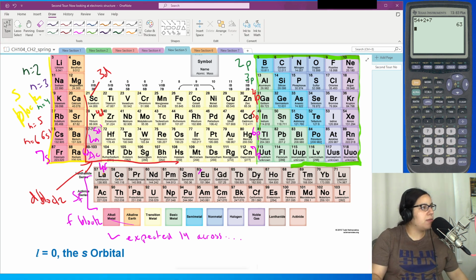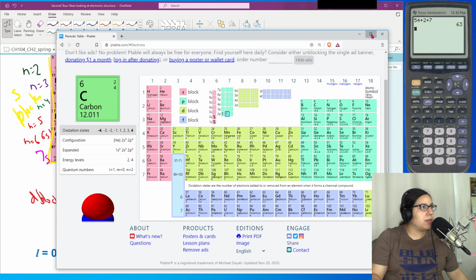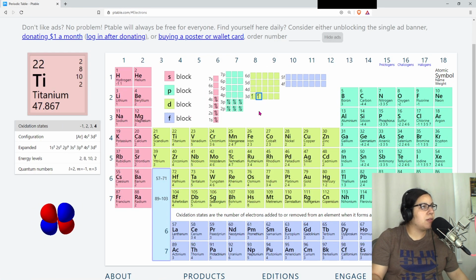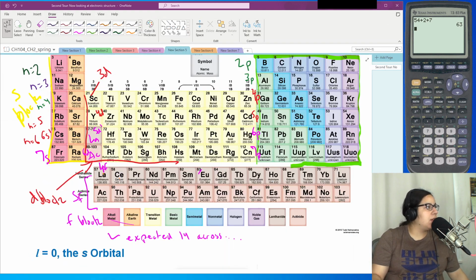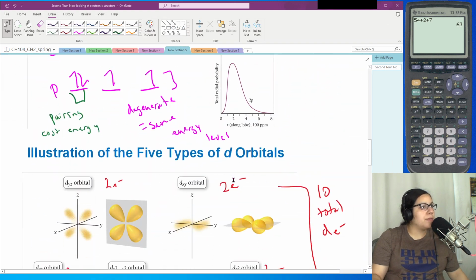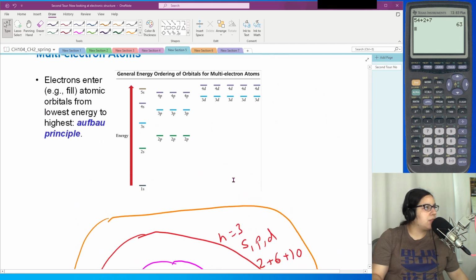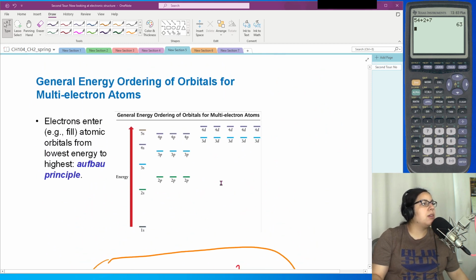And again, if you get confused, there are several different resources to help back you up. So again, this is an order. And then there's also this chart down here. So this shows you the general ordering as well. I like this diagram only because it gives you the difference between them.